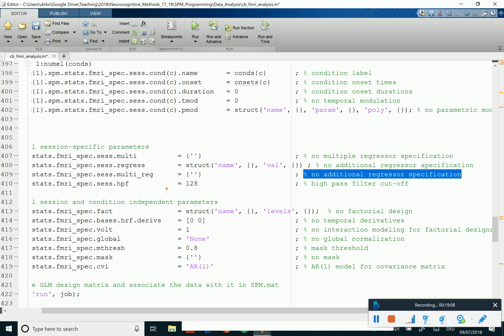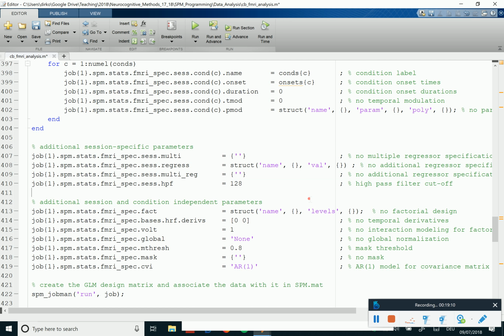And then, strangely enough, there is the high-pass filter cutoff specified. You might know or might not know that the high-pass filtering in SPM is done at the level of the GLM modeling. Besides the conditions of interest, there are more columns in the design matrix which are never shown, which have a cosine basis set.